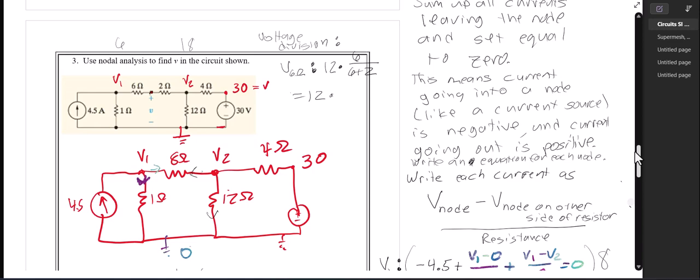So that's 12 times 6 over 8, which is 9. So I have a change of 9 across the 6 ohm resistor.